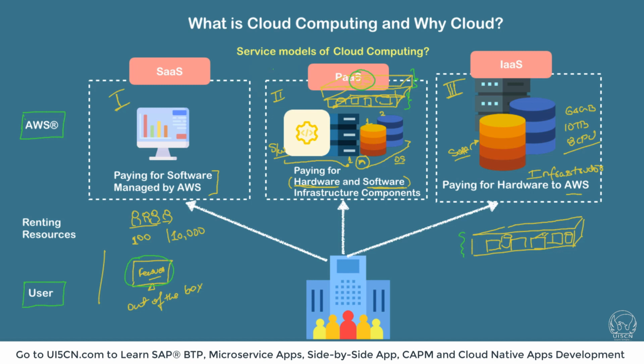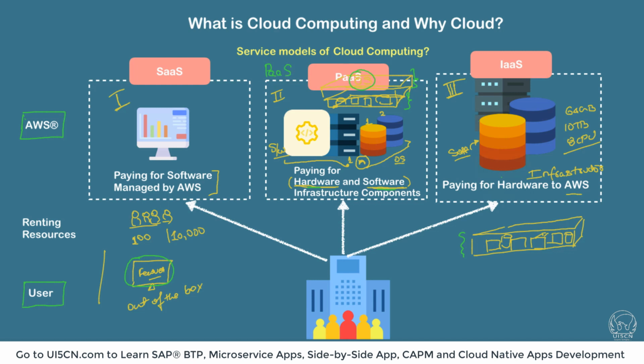And the second category, where we are taking the hardware and also taking the software which has the capability to manage the entire hardware or bunch of hardware infrastructure resources, is called PaaS, also known as platform as a service.